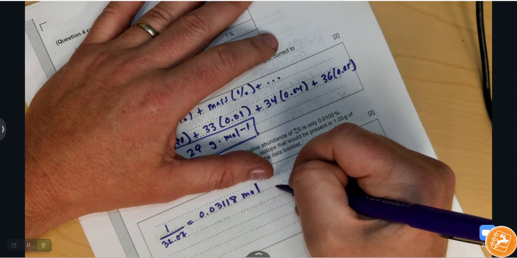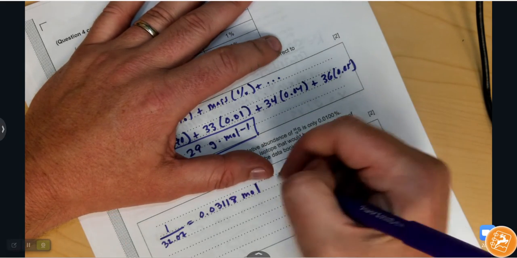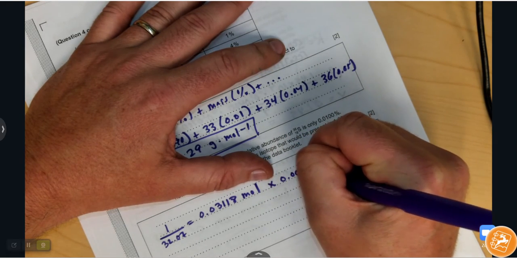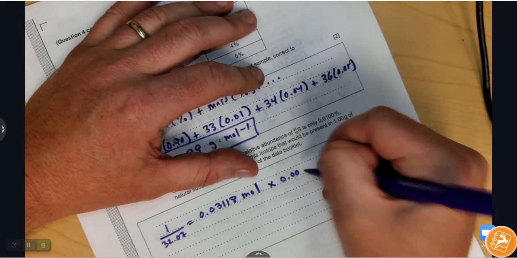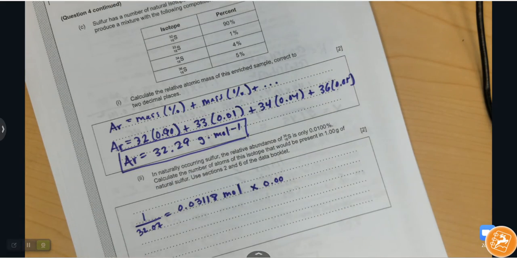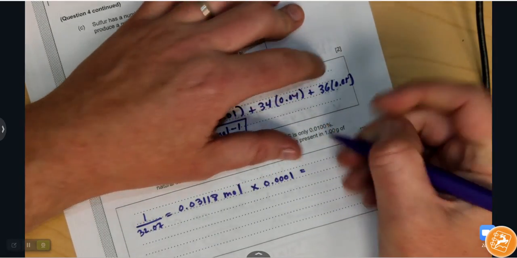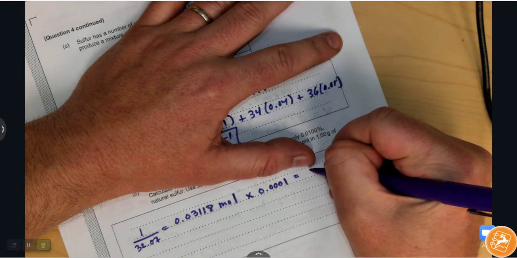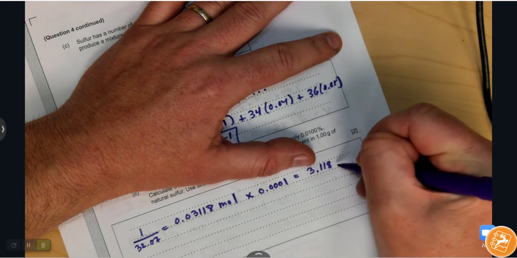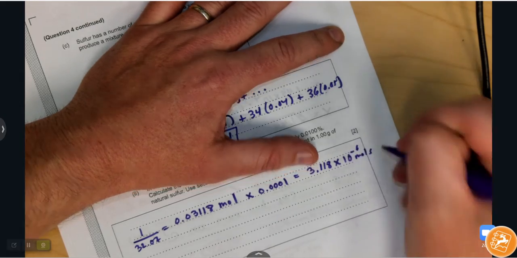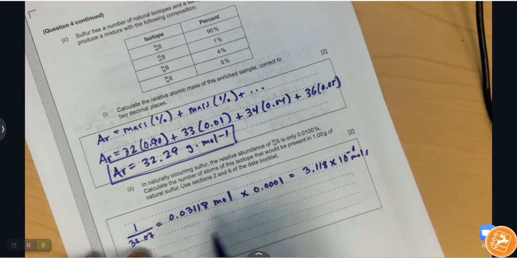Now what I'm going to do is multiply this by 0.01%, which would be times 0.0001, and that gives us 3.118 times 10 to the negative 6th moles of just that isotope.